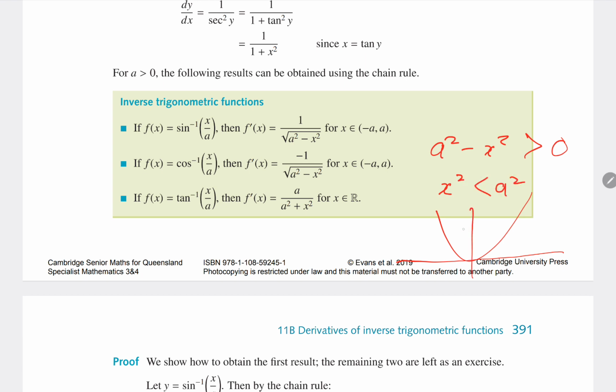If here is a squared, then on the x-axis it would be a here, and that would be minus a. And it must be strictly less than that. So we're talking about just this region here. You cannot have that. You only care about this section here. And it cannot be equal. It's strictly less than.